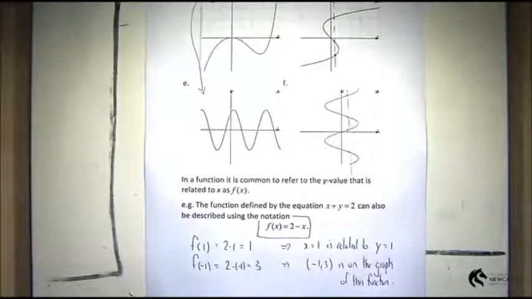Whereas, if I was back with this one here, x squared plus y squared equal to 1, if I chose x equal to 1, I would have here 1 plus, oh, what a bad choice. I want to put x equal to a half in there, just make it better for me. So here we go. I'll do it over this side, make it a bit bigger. So I have here x squared plus y squared is equal to 1.